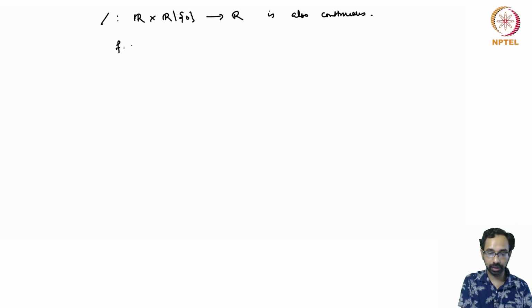And then f by g, when g(x) is never 0, is the following map.